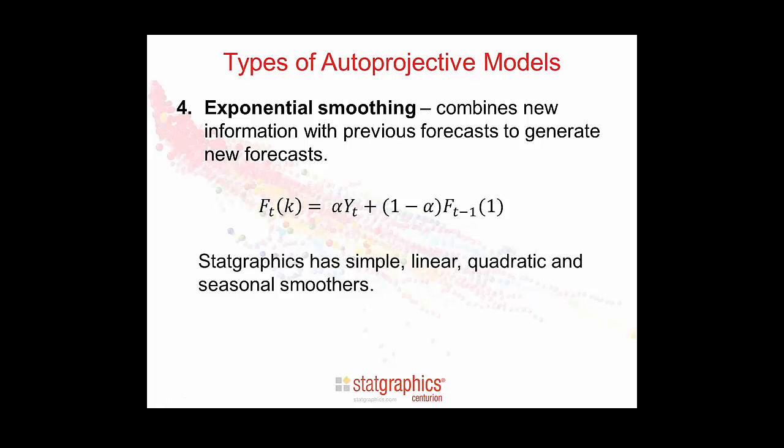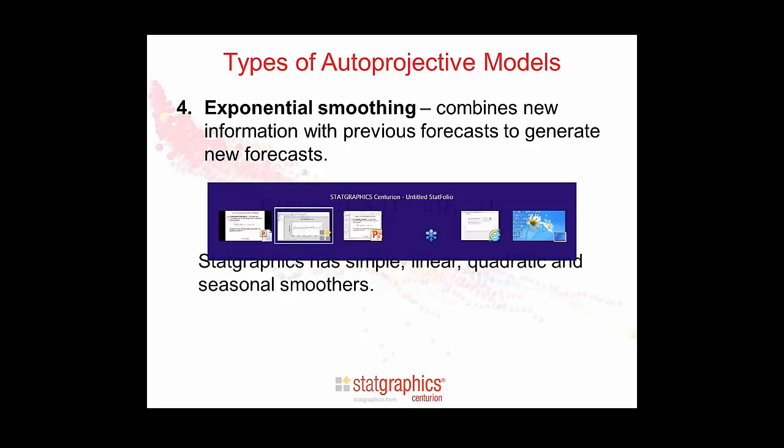Now, Statgraphics has several different types of exponential smoothing procedures. It has simple exponential smoothing, linear exponential smoothing, quadratic, and seasonal smoothers as well. Now, these can be quite effective.